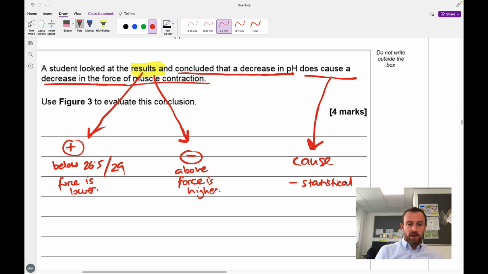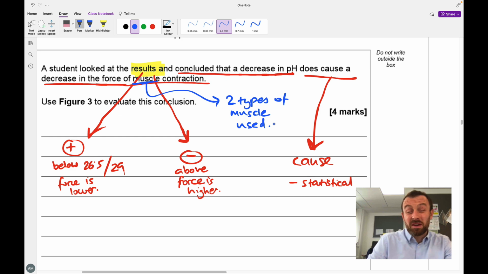The other thing, which I just recently spotted, is that this student is concluding things about muscle in general, but we only looked at two types of muscle: rabbit and mouse. So we don't know if this conclusion applies to human muscle or other types of muscle.